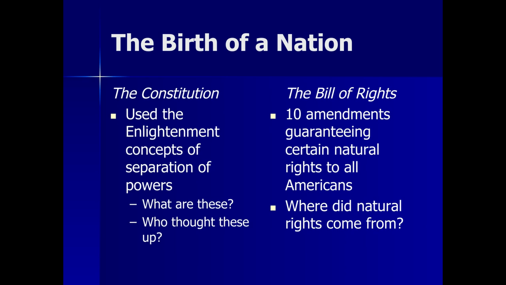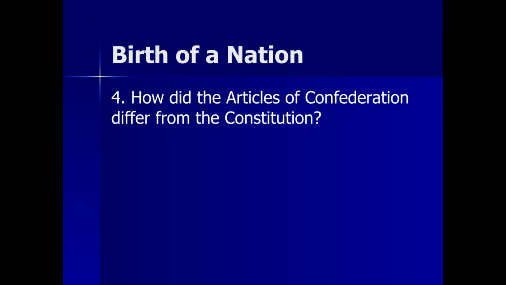They guarantee trial by jury, due process of the law, and the protection of property rights for all Americans. Many of these rights were derived from the natural rights proposed by 18th century philosophers like John Locke. So that's where they're going to get these ideas from.